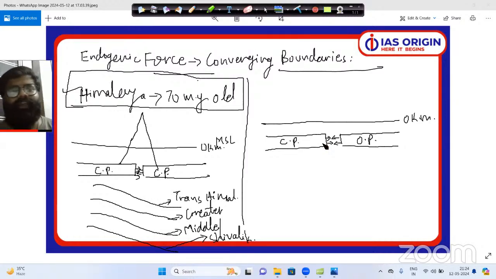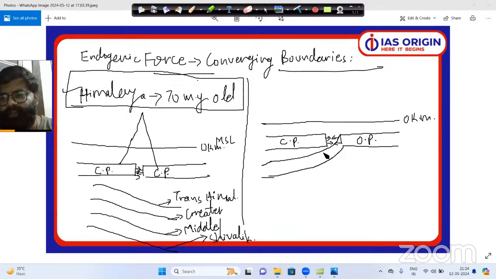Now we all know that the density of basalt is higher than the density of granite. So what is going to happen here is that whenever there is convergence between the continental and oceanic plate, the oceanic plate will be submerging under the continental plate, because the plate which has more density will go under the lighter plate.